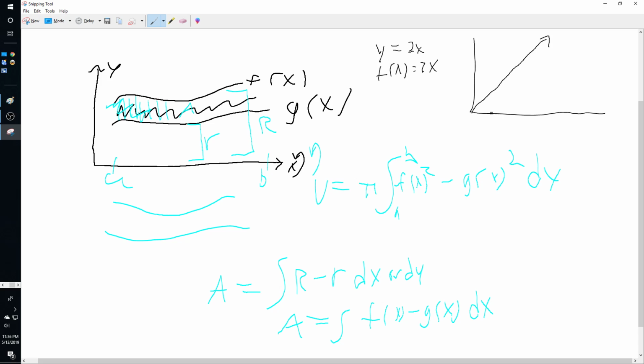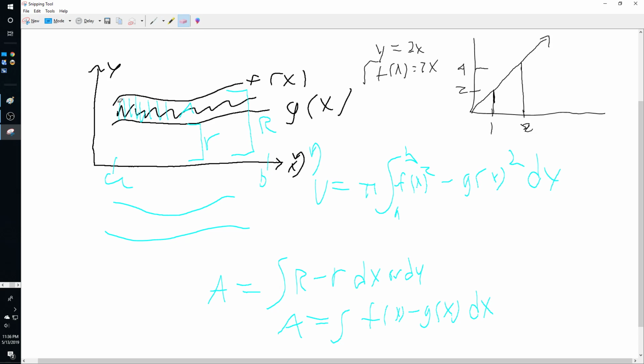If I plug in 1, I get 2. If I plug in 2, I get 4. So f of x is the distance from the x-axis, and f at 2 is 4. When I say an integral of f of x, I'm doing this section.